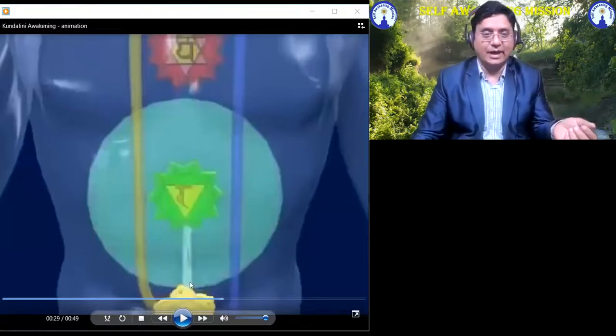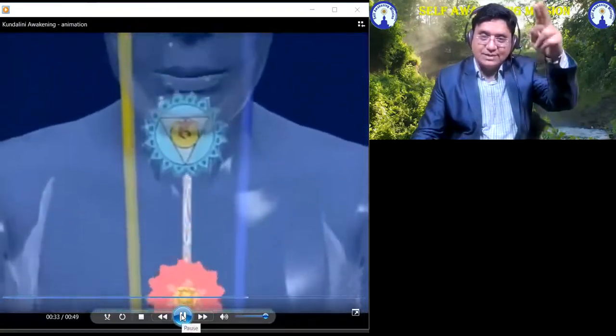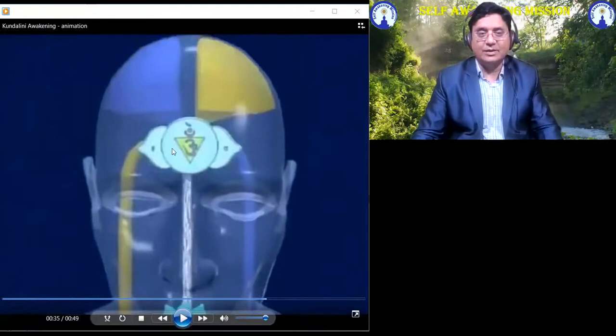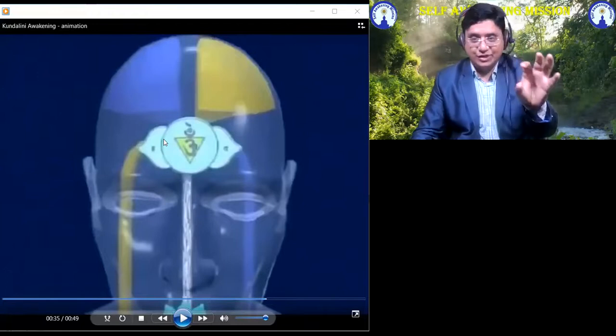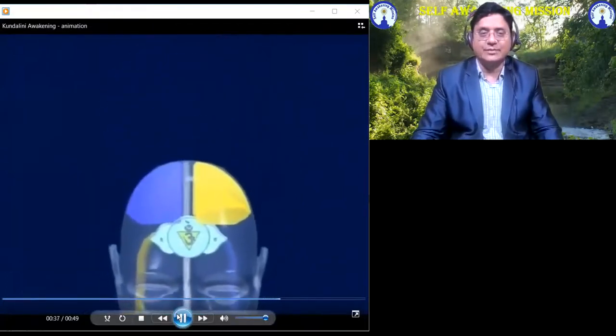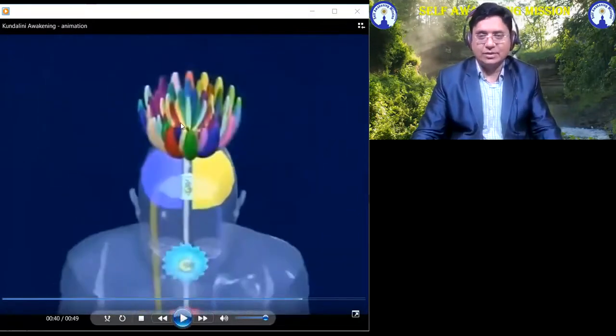And if that happens and it keeps going like this and this and this, and finally goes to the third eye, there you feel the chanting of Om, or the snake picture, or Lord Shiva. Finally from there it rises to the crown chakra, and it goes like a lotus.